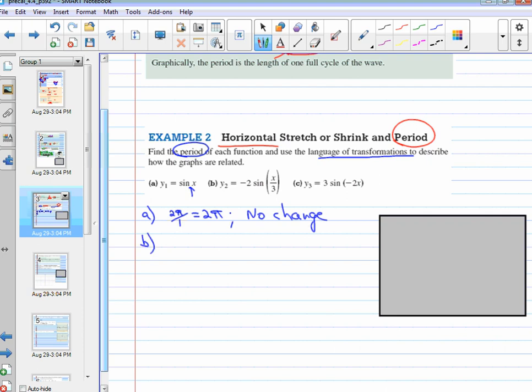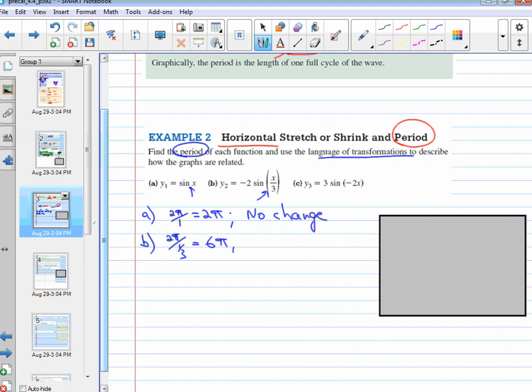B, if I want the period, I'm going to go 2 pi divided by 1/3. That's a 1/3 x if I pulled the number out in front of that x. Which means I'm multiplying by 3, which is 6 pi. So it's been horizontally stretched out. Remember, if I multiply by 1/3, that's 3 times as wide.